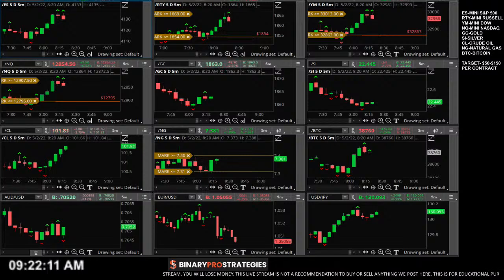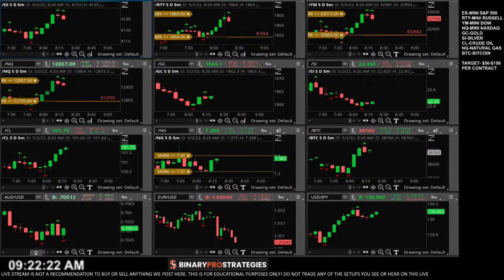Those that like to trade crude already got hit, wasn't able to call it out fast enough. But if for some reason we do pull back, entry on crude was going to be 101.45. Target is going to be 101.85.